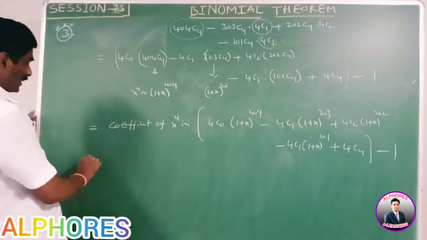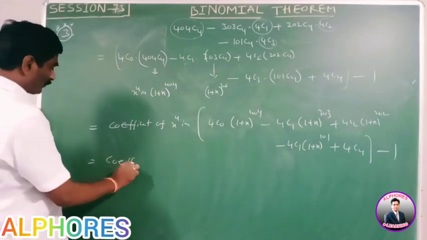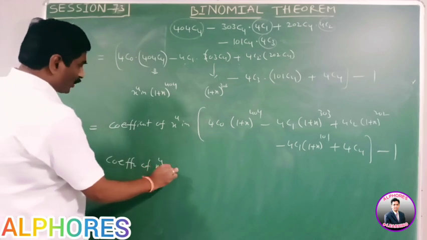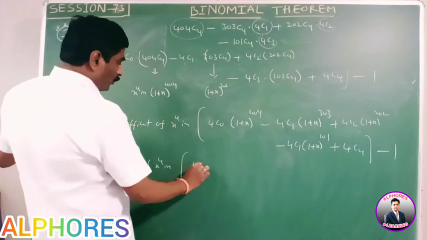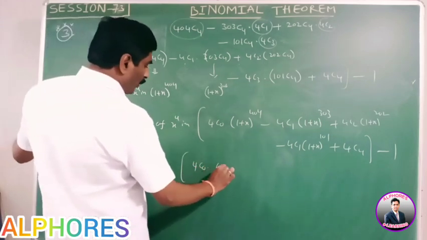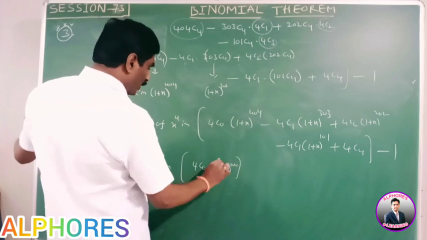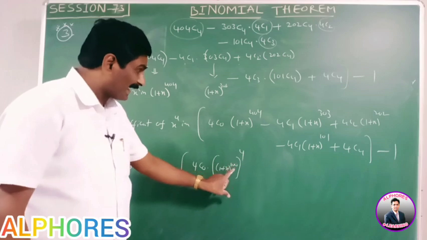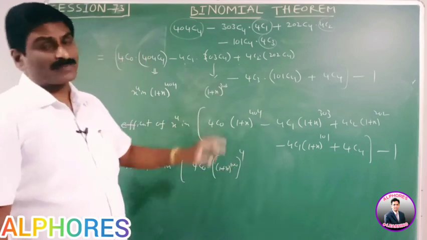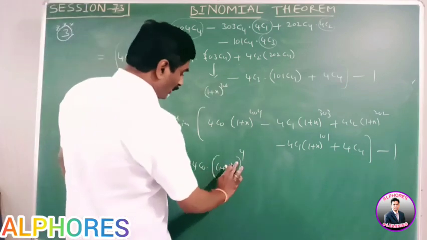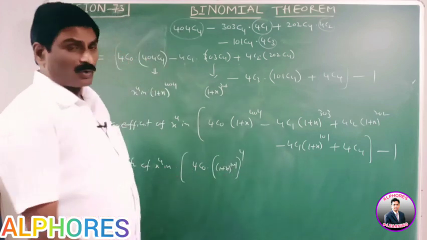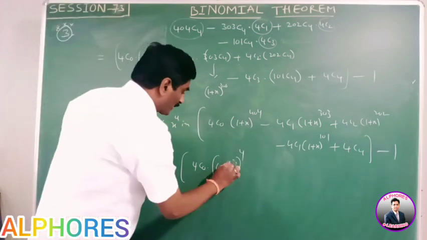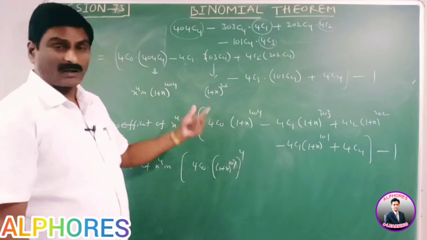Again, it can be reduced in this way. Coefficient of x power 4 in 4C0 into ((1 plus x) whole power 101) whole power 4. Please observe this value. 101 into 4 means 404.